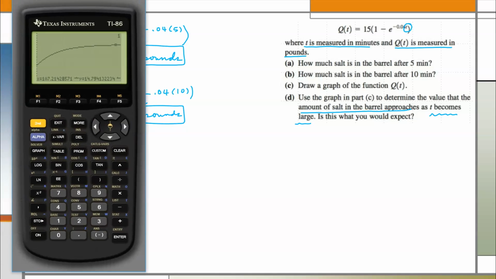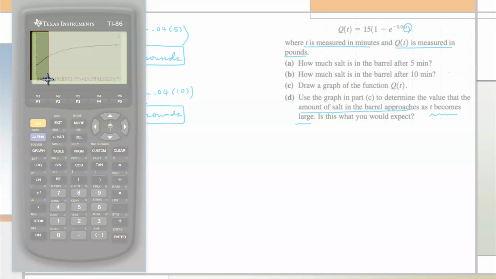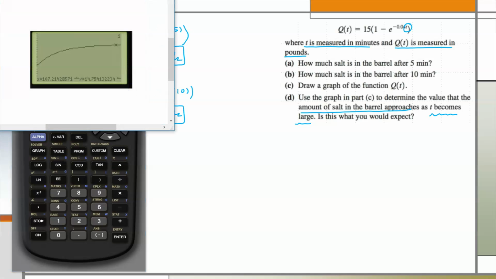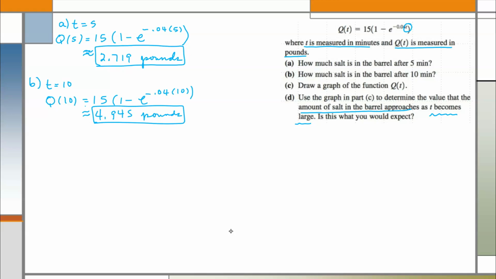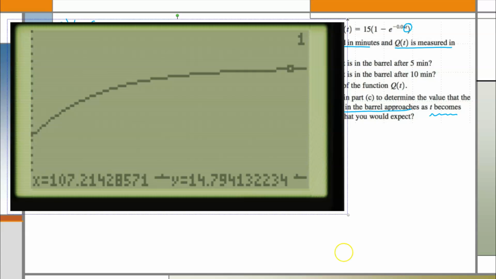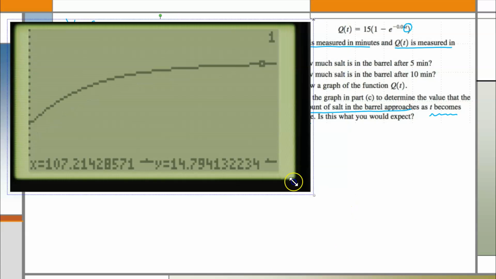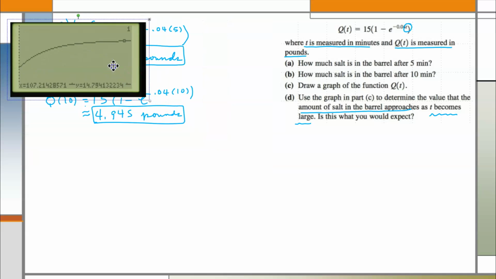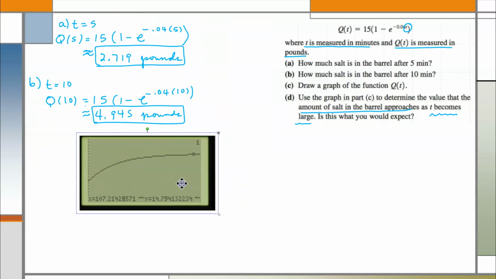Okay, so let me grab the graph. We're looking at the x-axis.